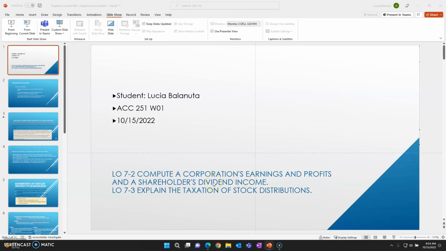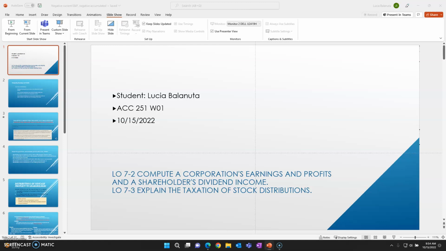Here's an example taken from our book. I'll go further. Despite the general rule, a stock dividend can be taxable if shareholders have an option to receive cash or other property instead of stock.